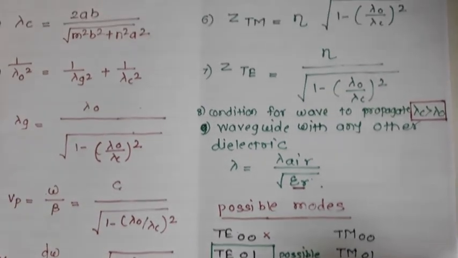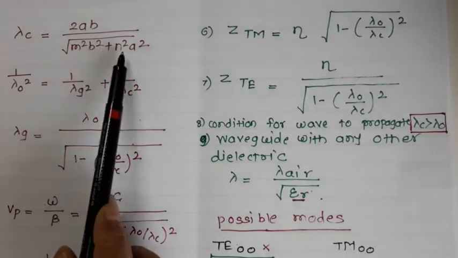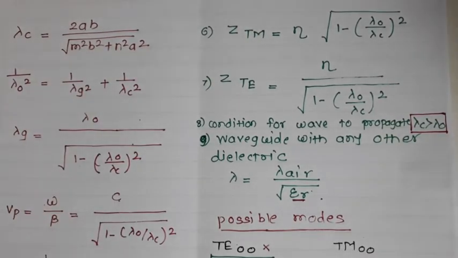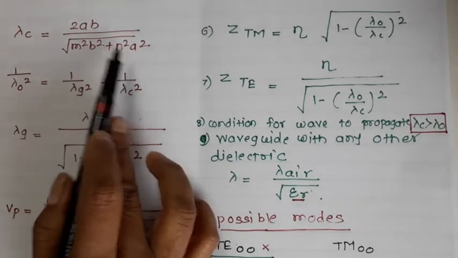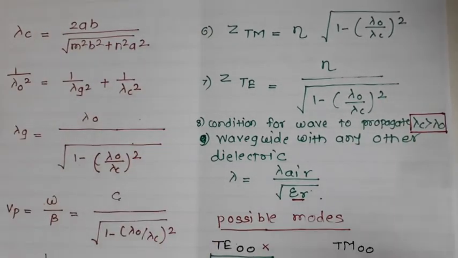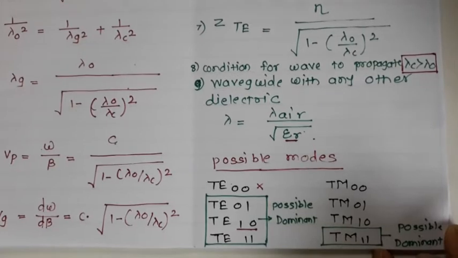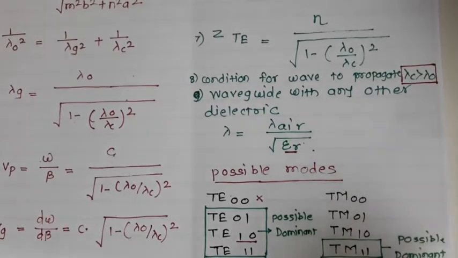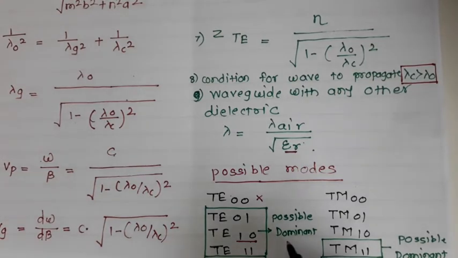In 2ab over the square root of m square b square plus n square a square, putting 1 and 0 gives 2a. Since a is the longer side, the dominant wavelength is twice a, the maximum wavelength, and that is why TE10 is called the dominant mode.